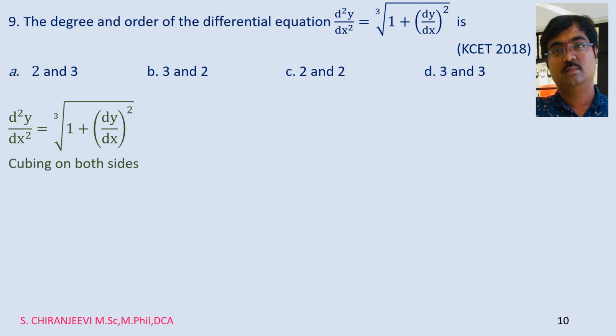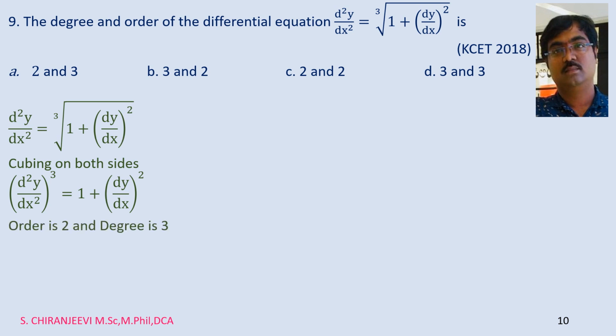So now cubing on both sides, d square y by dx square whole cube equal to 1 plus dy by dx whole square. Now in this equation the highest derivative is 2 and power of it is 3. So order is 2 and degree is 3.